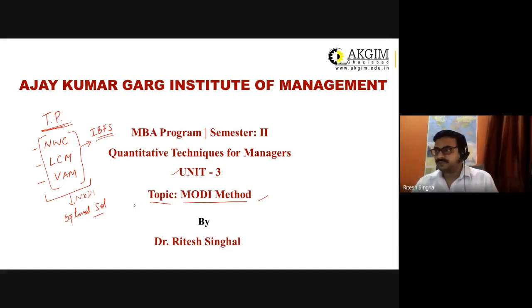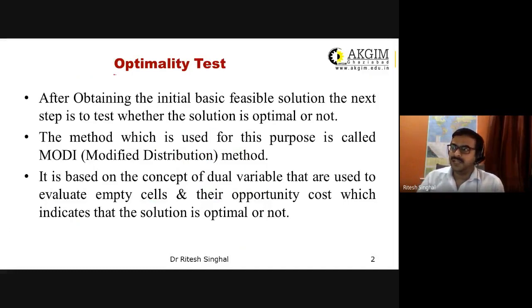This particular test is called the optimality test. After getting the initial basic feasible solution, the next step is to test whether the solution is optimal or not. The method used for this purpose is called the MODI method, and the full form is modified distribution method.